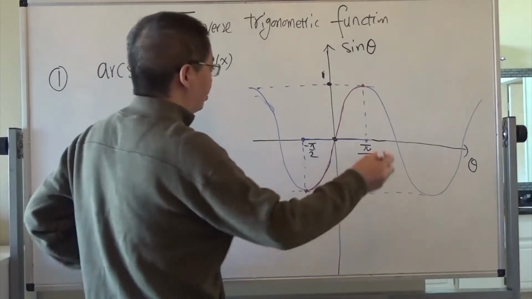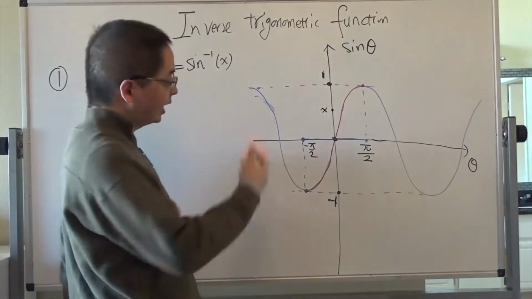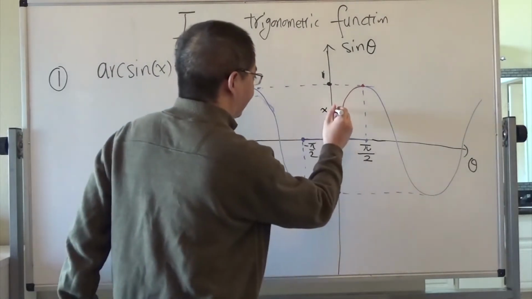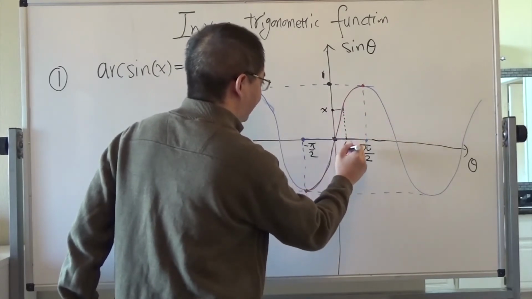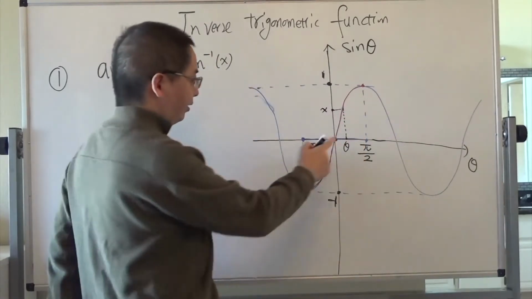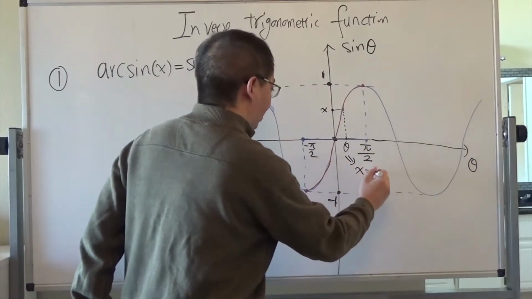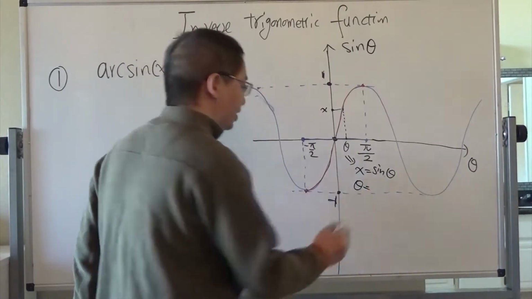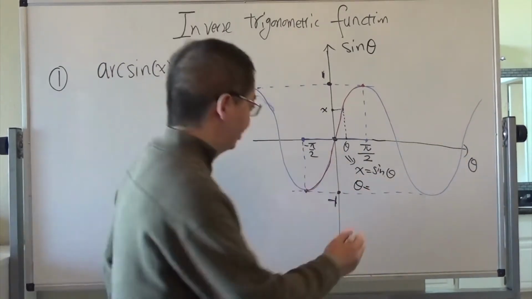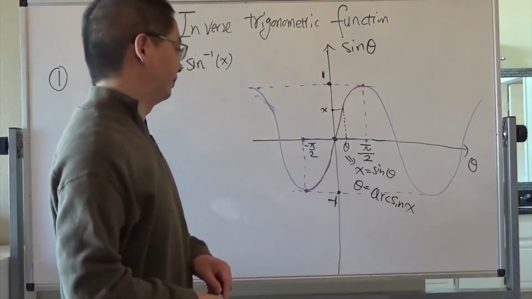So the way we do it is, let's say I pick x here. That's the value of the sine, and then all we need to do is find the corresponding angle theta here, such that sine theta equals x. So x equals sine theta, and then theta is defined as the inverse, which is arcsine x.